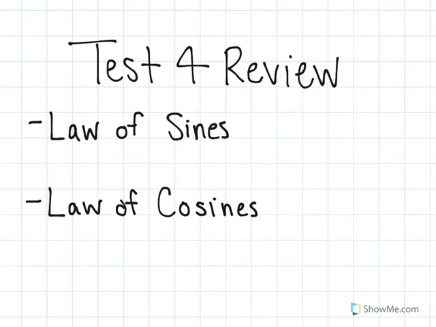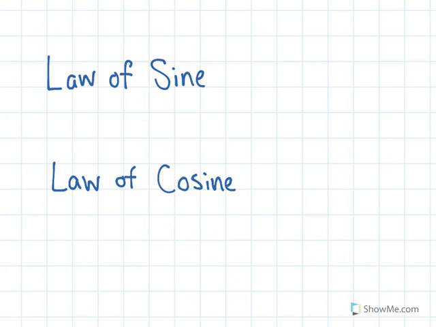This is the first video in the Test 4 review, and it covers material on law of sines and law of cosines. Before we start on our example problems, I just want to give a quick review of what our law of sines and cosines are.